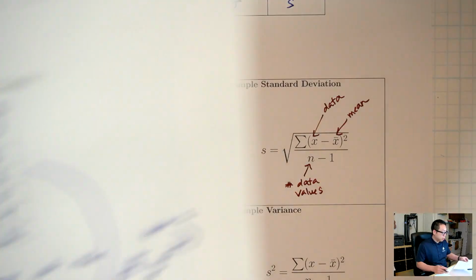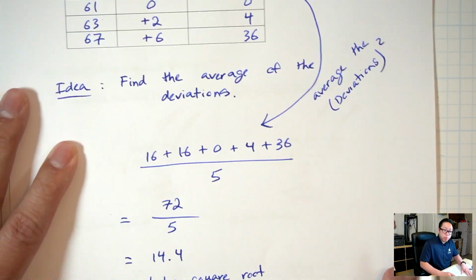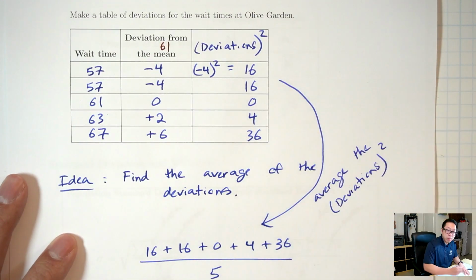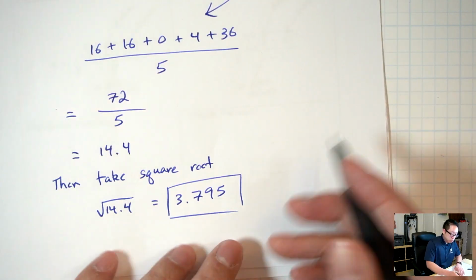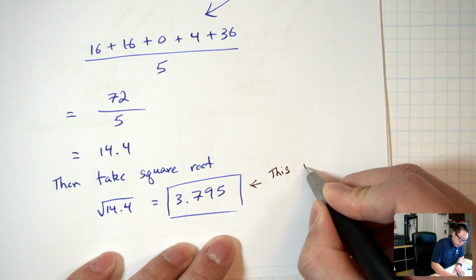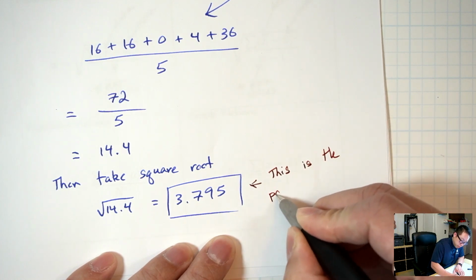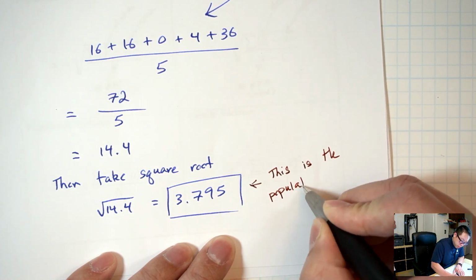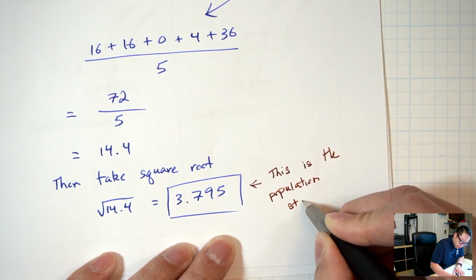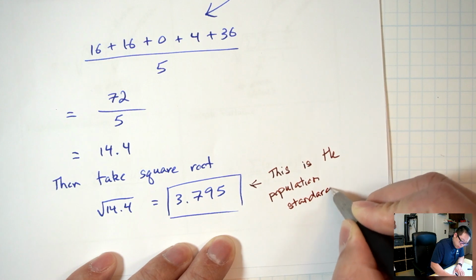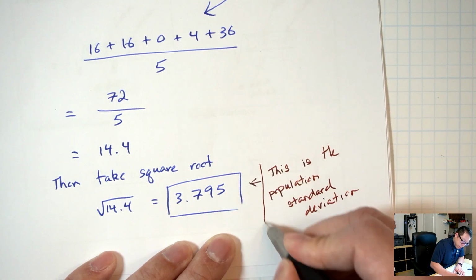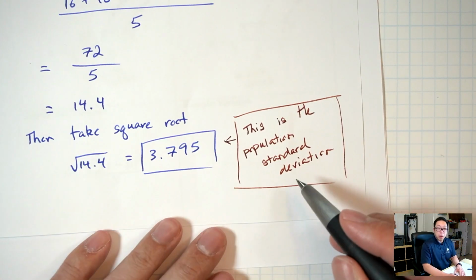Okay, so let me go back to this previous page. So since we divided by the full 5, 1, 2, 3, 4, 5, what we calculated here was the population standard deviation.